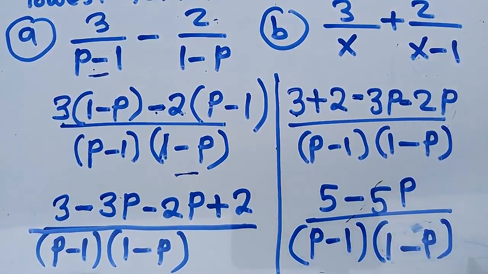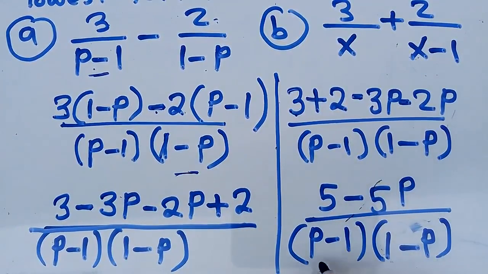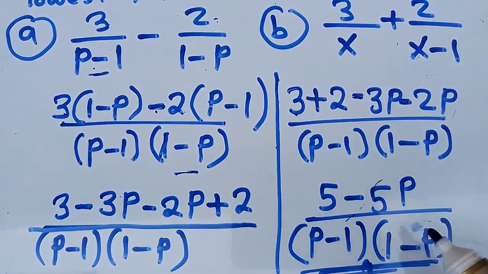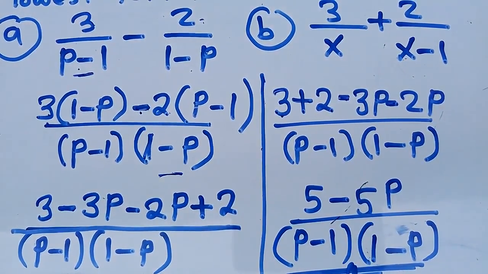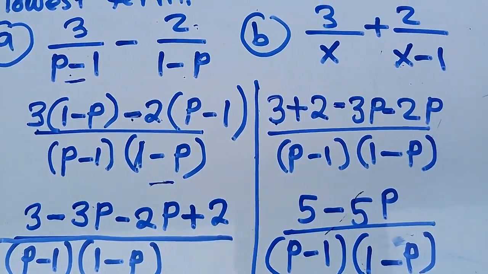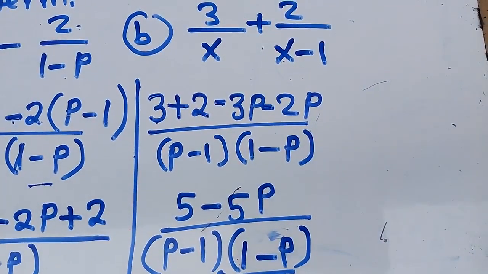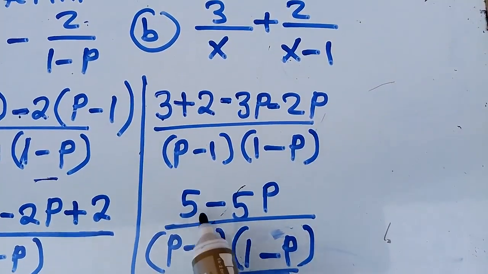Like this. I would advise you just to end here. But you can further evaluate this. What you've just written here, you can factorize this part, where 5 is common.